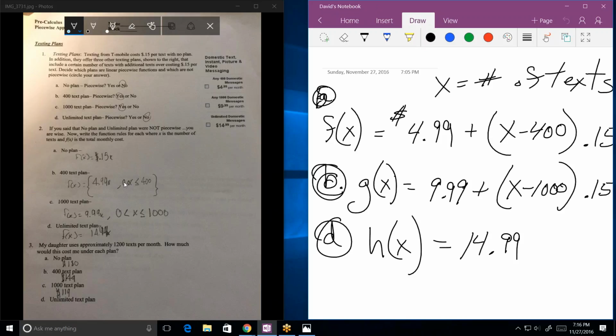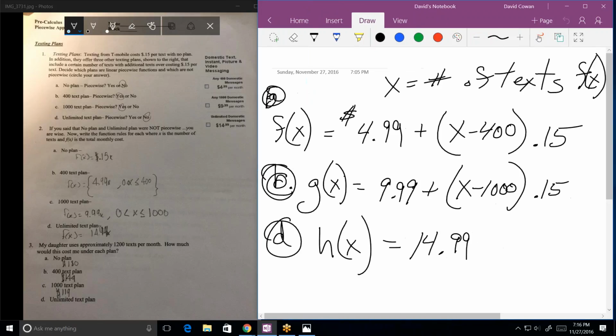Right. In other words, you don't want this restriction part here, the domain restriction that you've given it. It's just 499 plus 0.15x, no matter what x is. Or, excuse me, plus x minus 400 times 0.15. It's the f of x in my drawing over here. That's what it is. And I can't say that x is between 0 and 400. It isn't. x could be 1,000 there. x could be 10,000.